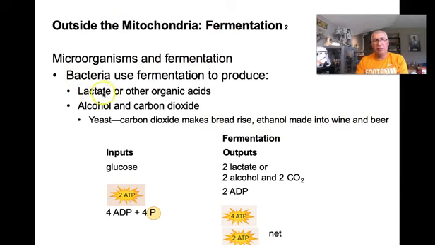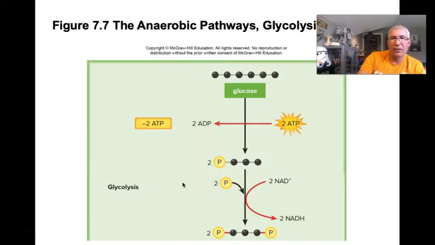Bacteria use it to make lactate. They use it to make alcohol. Yeast produce carbon dioxide, which helps make the bread rise, and ethanol made into wine and beer. So again, you're only getting two ATP molecules. You are not getting very much energy at all.